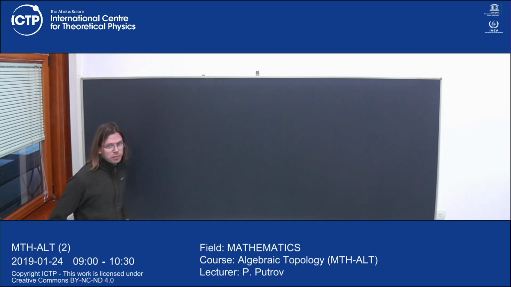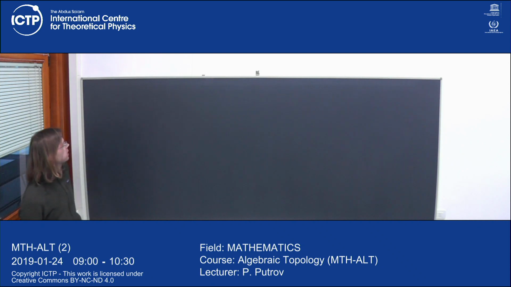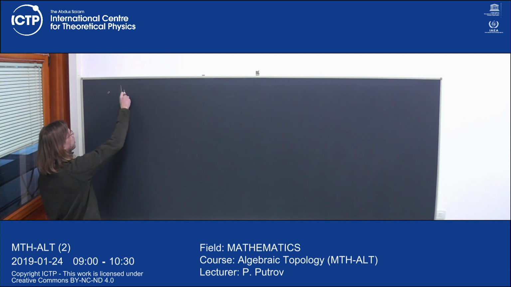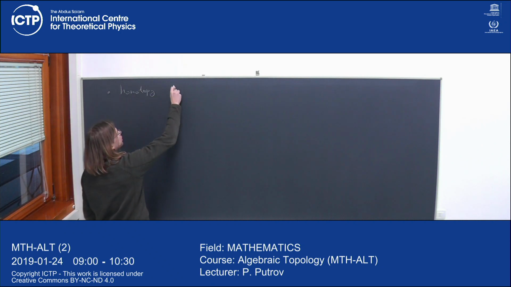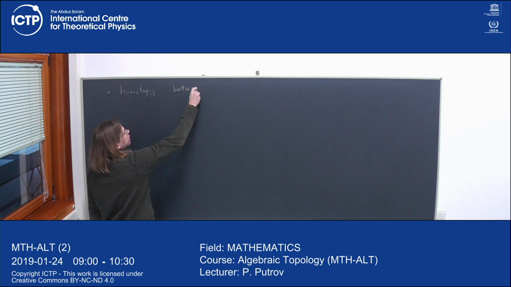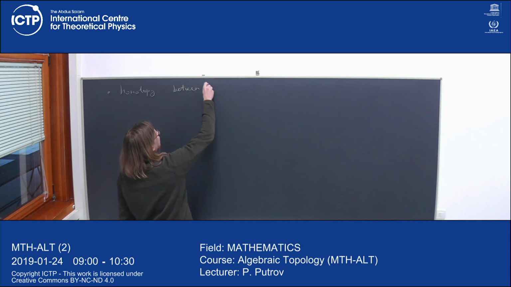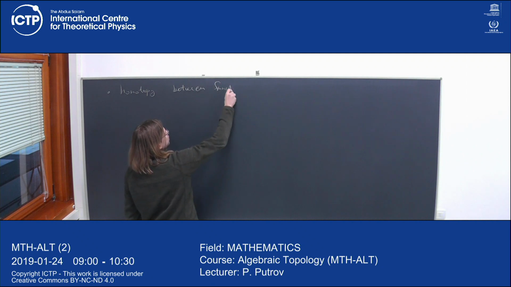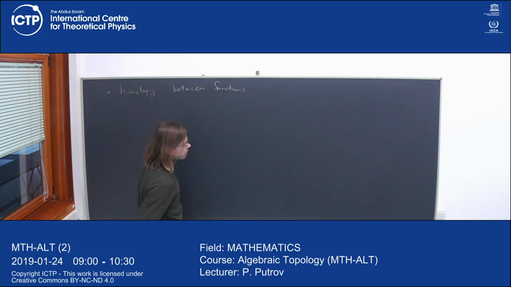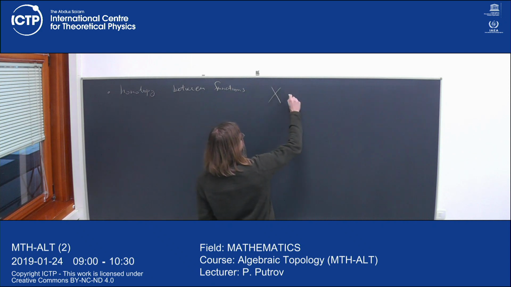Let me start by briefly reminding what we considered last lecture, the first one. First we defined the notion of homotopy between continuous functions between two topological spaces.